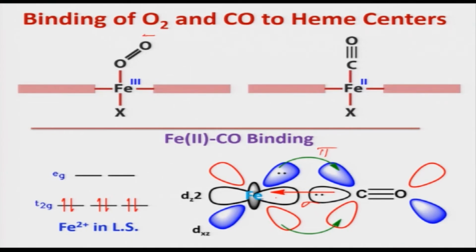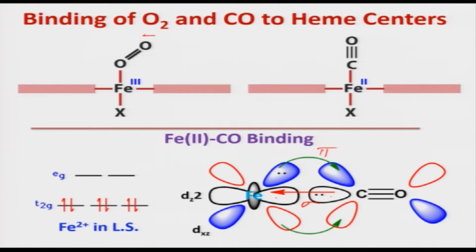As a result, the filled iron dxz orbital gives back this electron density to the empty pi star orbital. So, it is a give and take policy, we call it a synergic effect.